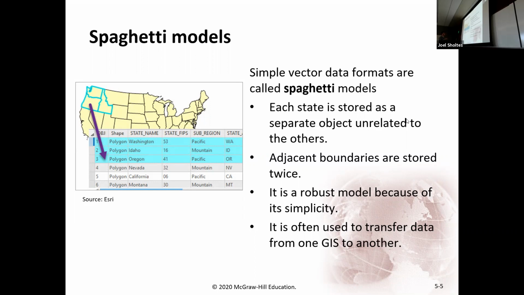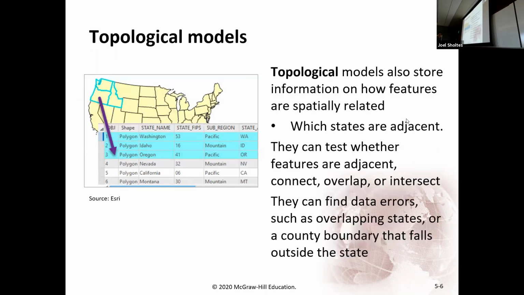And this information is kind of redundant, right? Because you have a boundary for Idaho, it's partially the same boundary that Oregon has, but you've got redundant data for each of these polygons. So you could copy Oregon very easily and put it into a new shapefile, something like that, because it's its own unique feature.